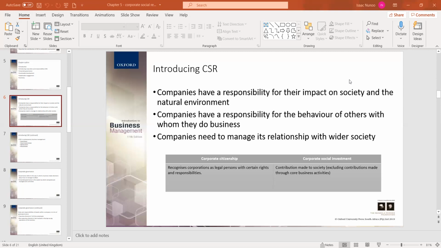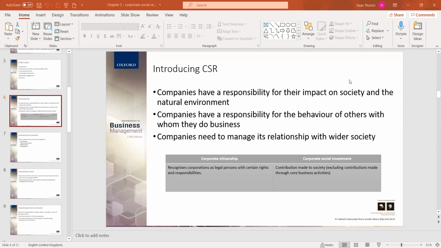Another important aspect of the definition of corporate social responsibility is that companies have responsibility for the behavior of others with whom they do business. If you are doing business with somebody and you don't try to know whether that person is doing well, remember that the better the people you do business with are, the better their ability to get back to your business and make sure your business stays.